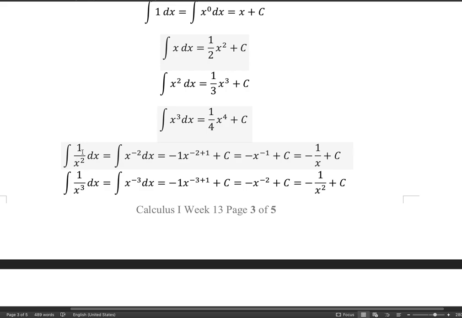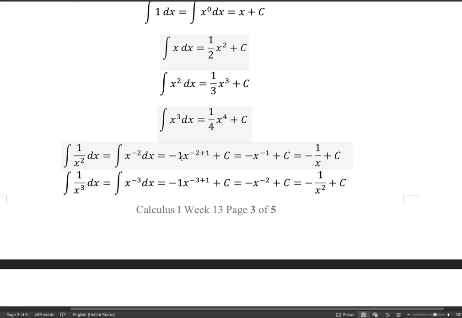So you want to recognize 1 over x squared as x to the power of negative 2. This is a power function. Then from here, you apply the anti-differentiation power rule in the same fashion. But you want to know the power really is negative 2. So when this negative 2 is increased by 1, that's negative 1. The reciprocal of negative 1 is still negative 1.